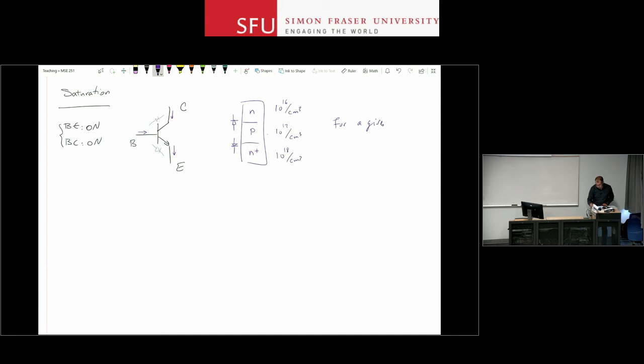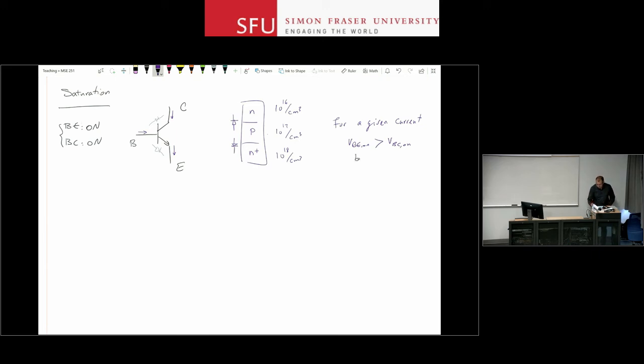The main thing that happens, for a given current, let's say 1 milliamp for both, VBE on is going to be larger than VBC on. There's a ton of things going on, but the gist of it is that if you push 1 milliamp through the base emitter diode and 1 milliamp through the base collector diode when they're on, VBE on is slightly larger. How much larger?